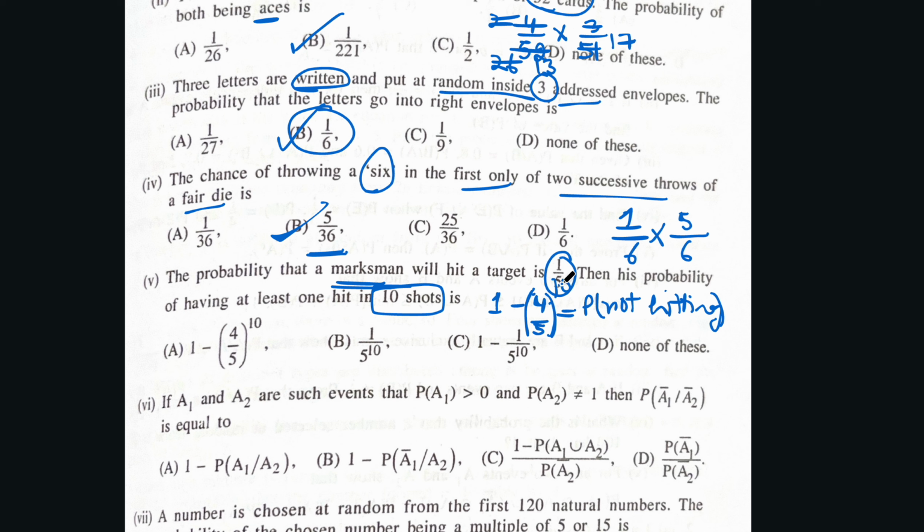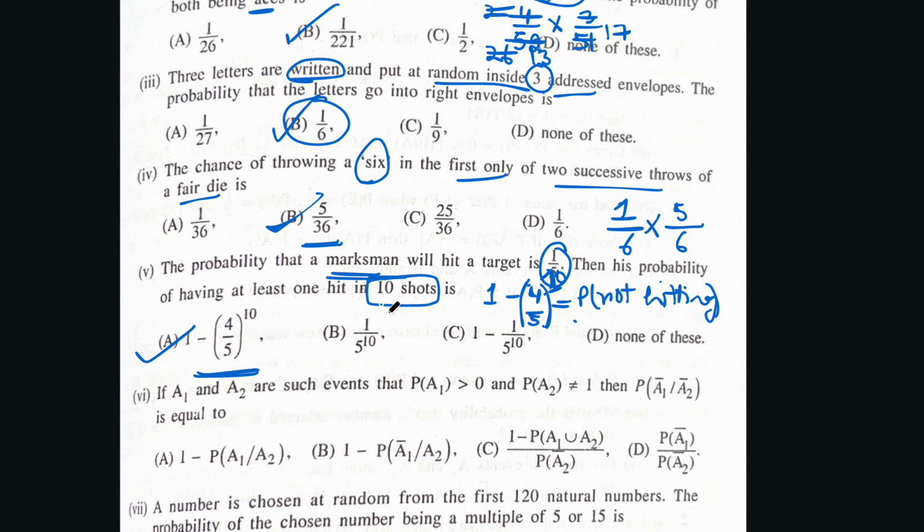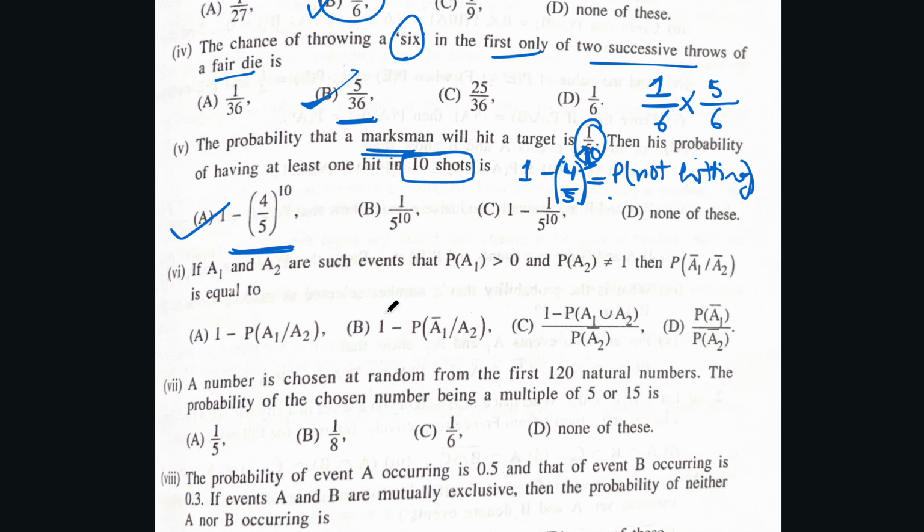So in all 10, we are saying probability of not hitting. One minus probability of not hitting the target all 10 times. So this would account for if he had gotten one. So the probability essentially that we are subtracting is about 0 only.